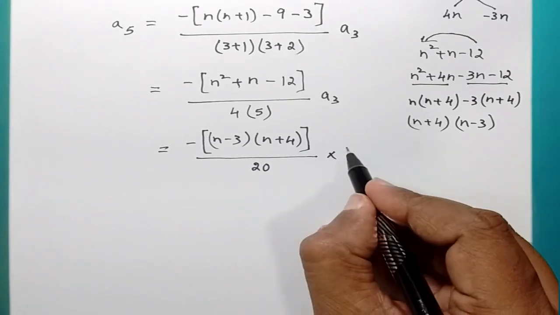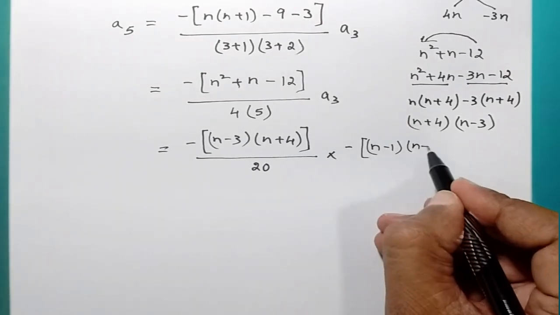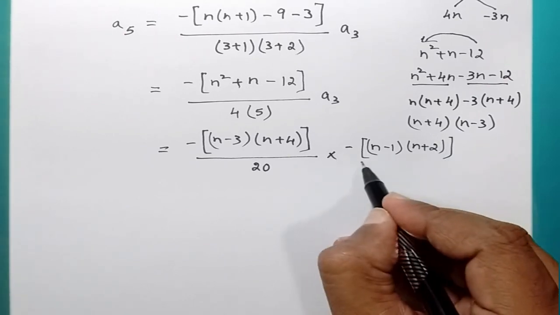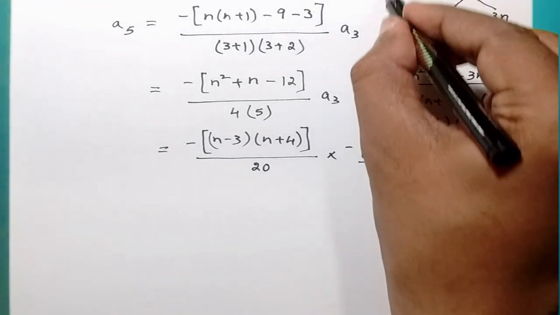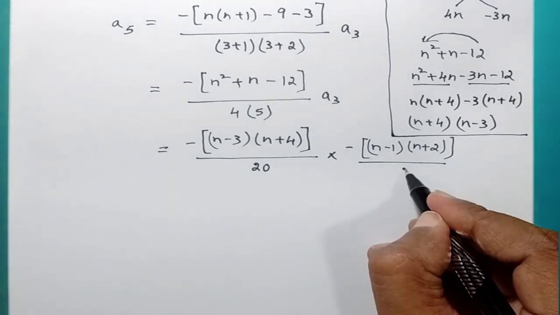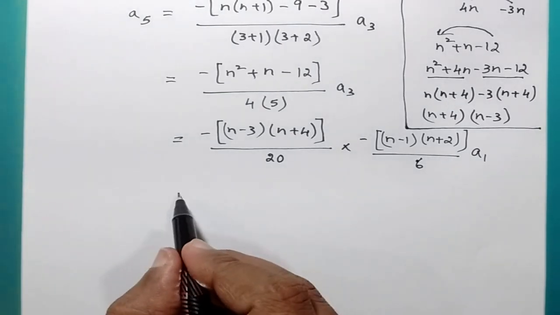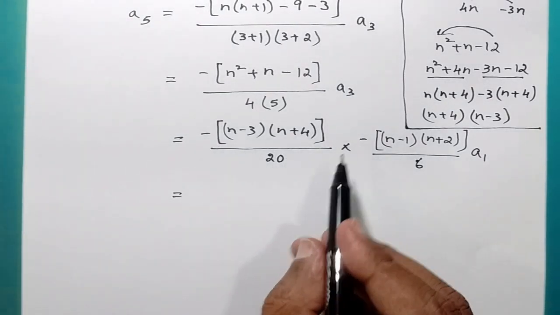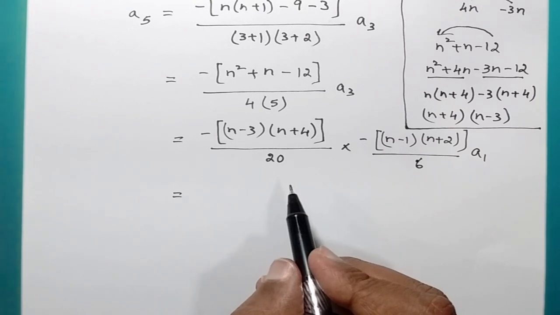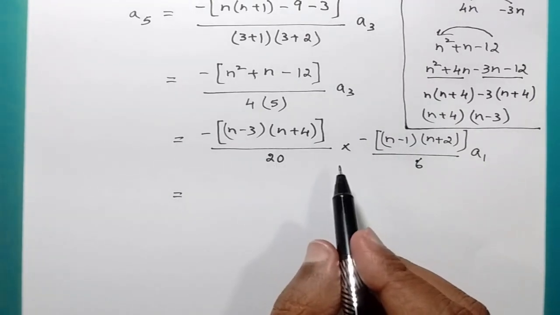So just try to rewrite it, minus of n minus 1 into n plus 2 divided by 6 into a1. That's the value of a3. So let us try to simplify this one. Minus of minus will become plus.